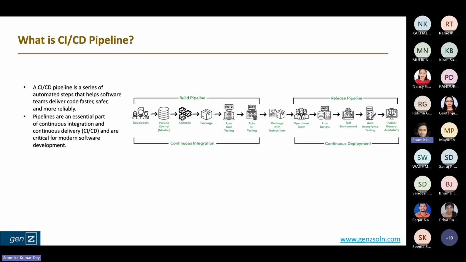Okay, and then in the continuous deployment stage, automated packaging used to happen through the intervention of the operations team. They used to write their scripts so that they could package the code and the different source code modules.